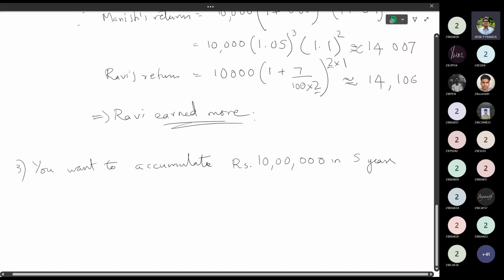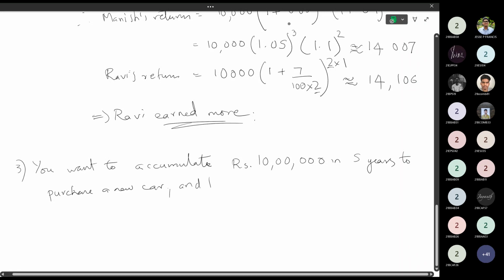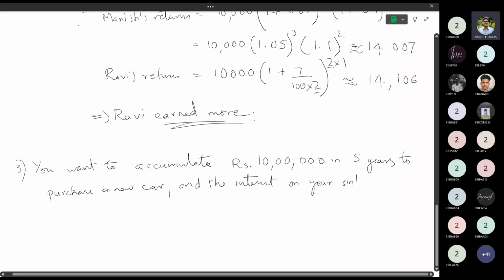In 5 years, to purchase a new car, and the interest on your sinking fund is 5% compounded annually.